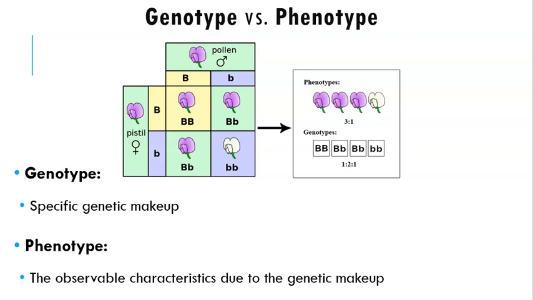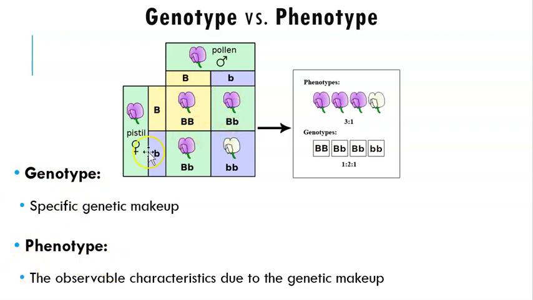So when we're looking at inheritance, we'll be looking at two different things: either genotype, which looks at the genes themselves, or phenotype, the observable characteristic due to the genetic makeup. In other words, genotype is talking about the genes, and phenotype is talking about the behavior.